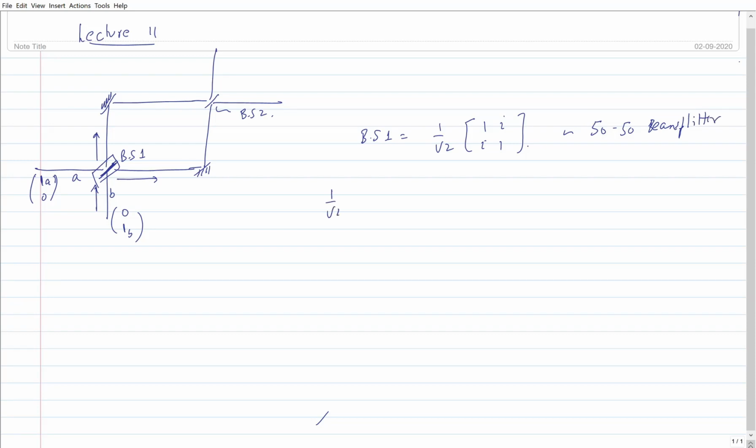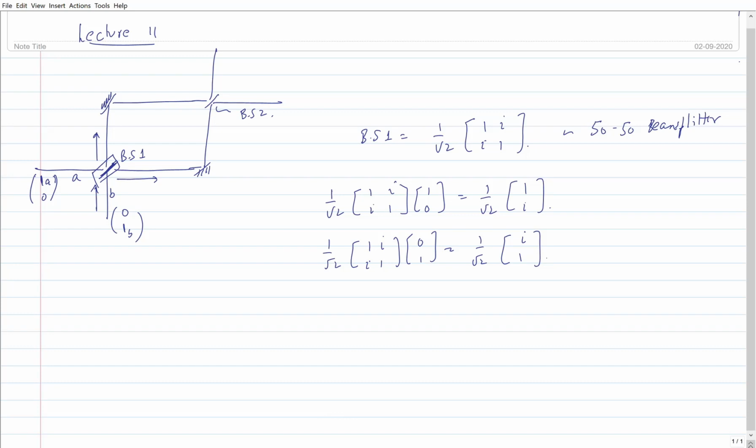What it essentially does is, to the state 1, 0, it's going to give me the state, and to the state 0, 1, this is going to give me this guy over there.